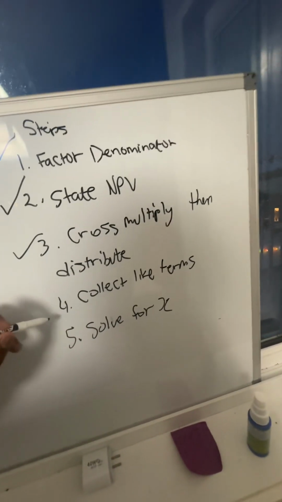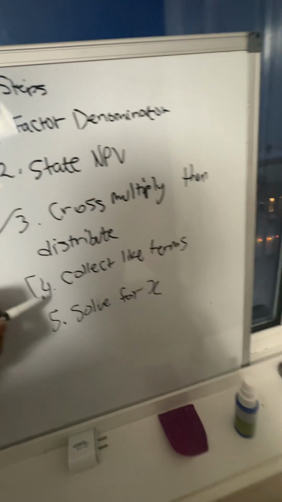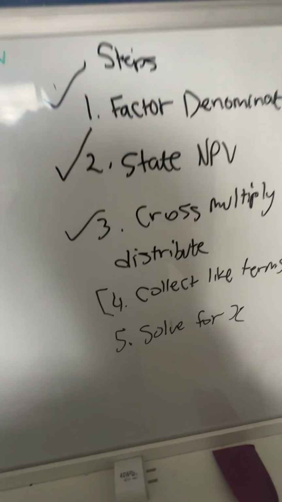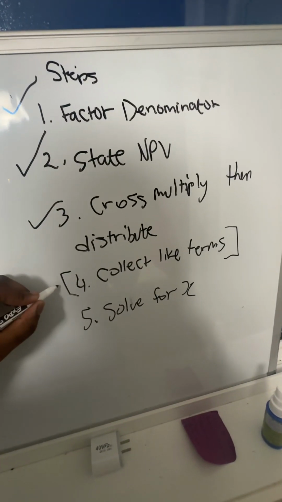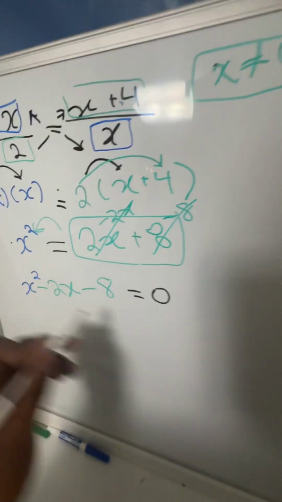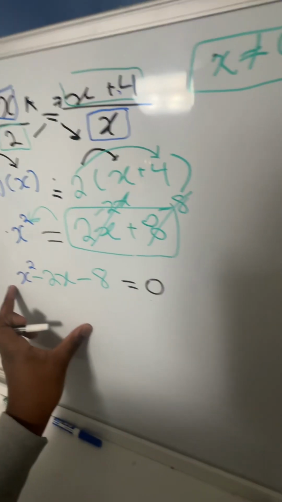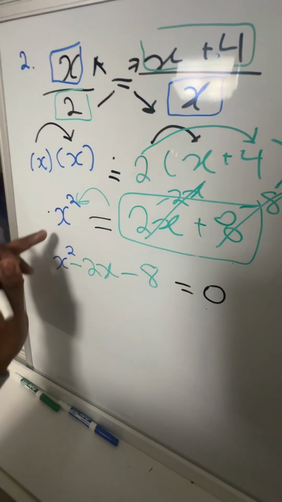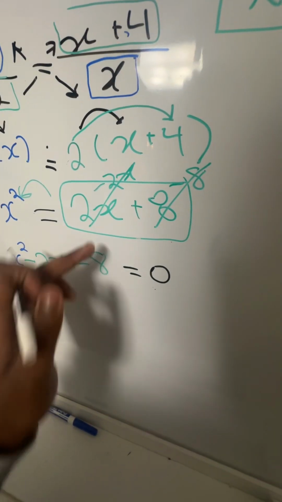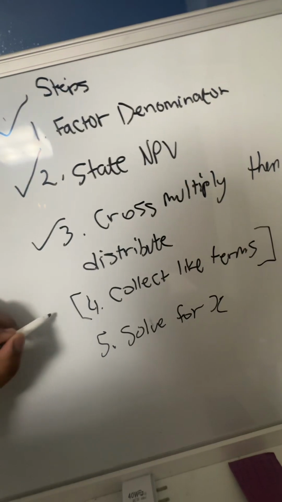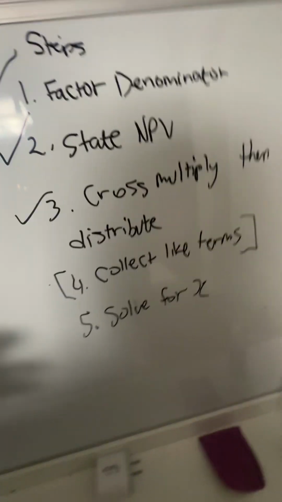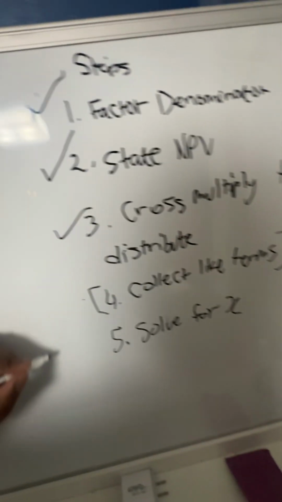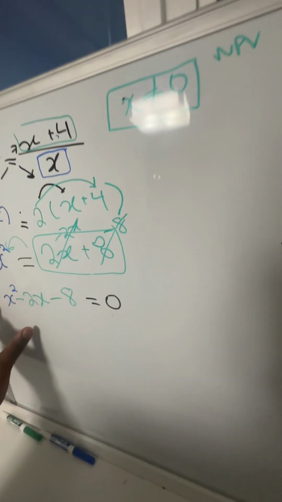Collect like terms. You only collect like terms if there are terms alike. In this case, there are not, because this is x squared, this is 2x, and then this is 8. None of these are alike. You only collect like terms if needed. If not, you move everything to the side to make it equal 0. So you're gonna get a quadratic equation.